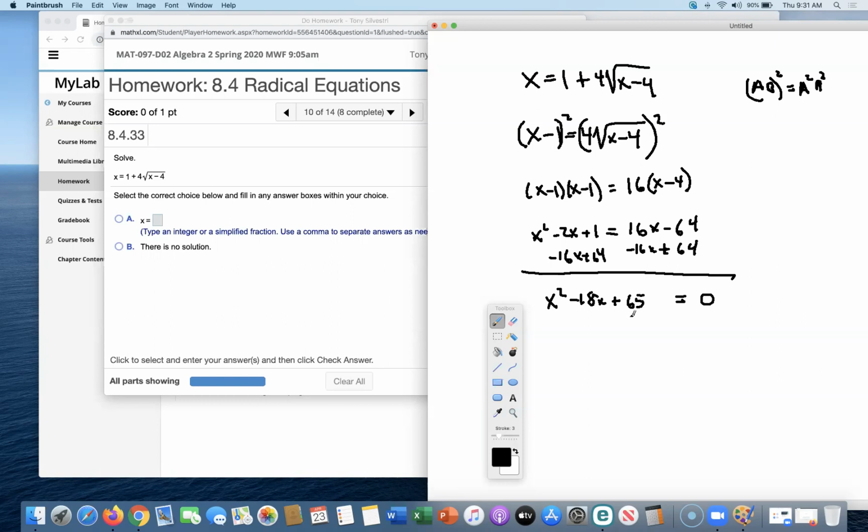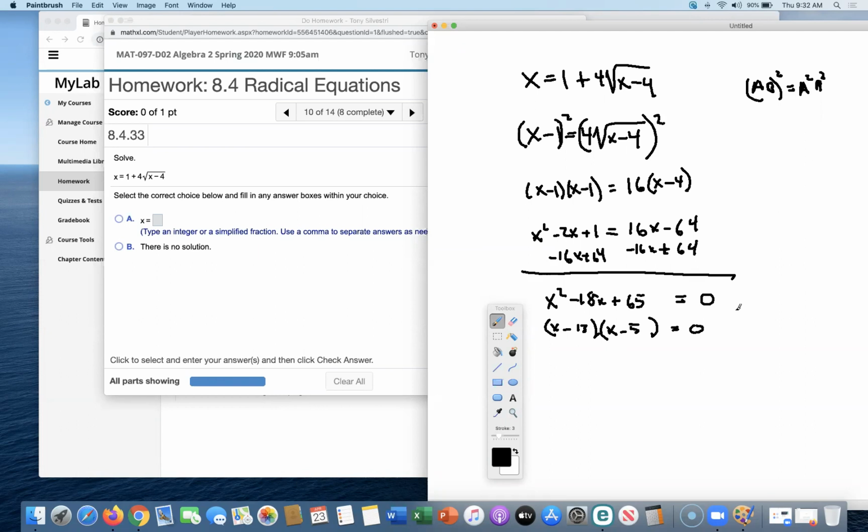Okay, so they're not going to give you a problem that you can't do, so I bet you we can factor it. I need two numbers that multiply together to give you 65 and add up to be 18. I'm going to start off by saying x and x, double negatives for the positive. 15 and 3, 13 and 5, 13 times 5, I think, will work.